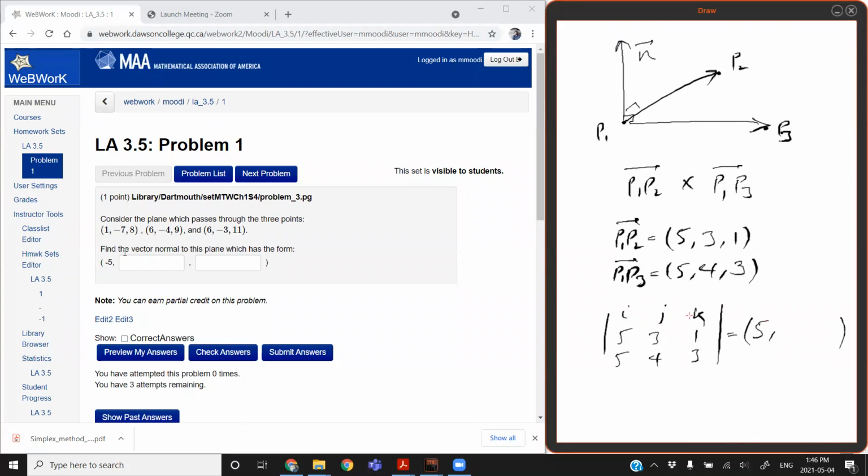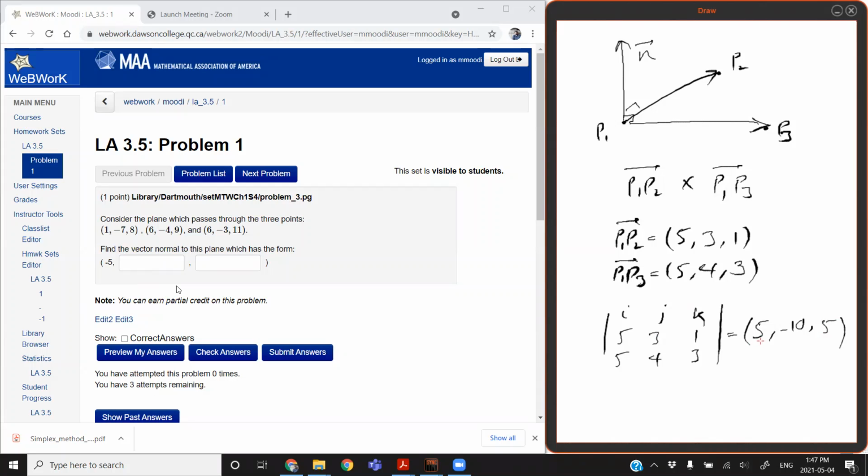The cofactor corresponding to j is going to be 15 minus 5. That's 10, but I have to negate that, so negative 10. And the cofactor for the last one is going to be 20 minus 15. And 20 minus 15, that's 5.